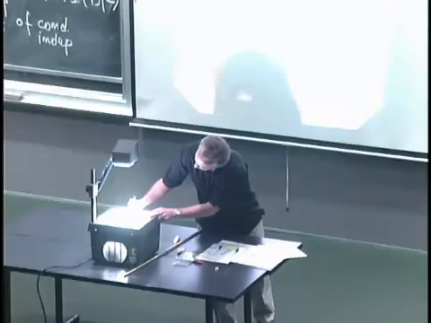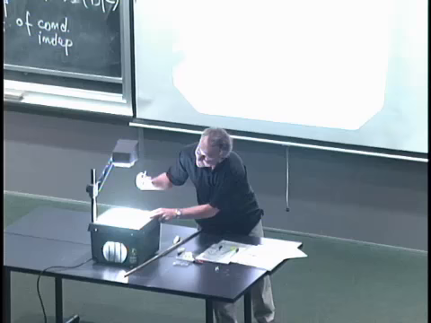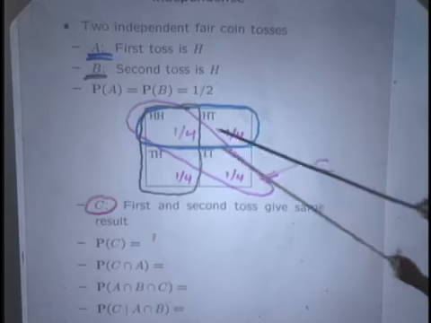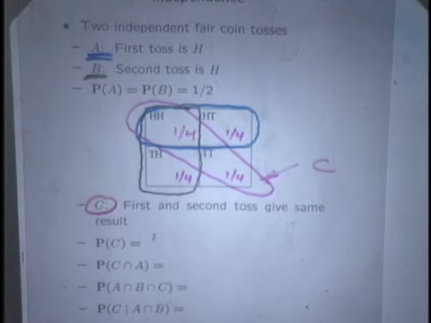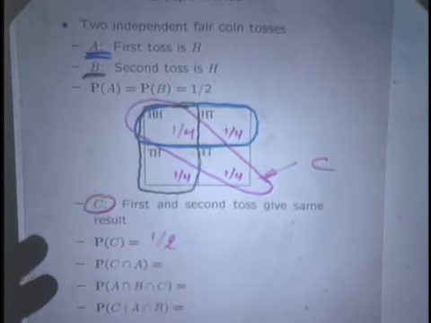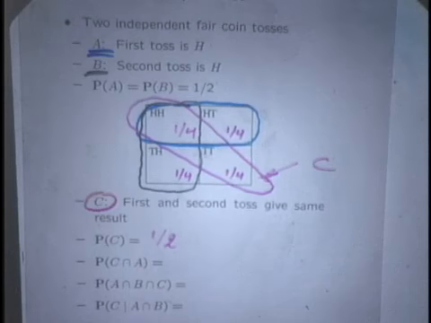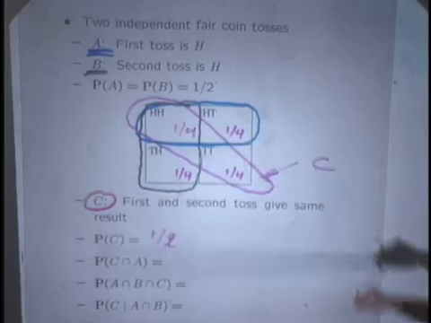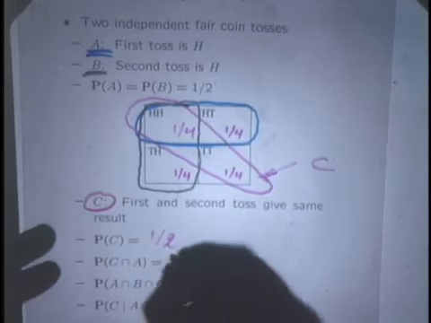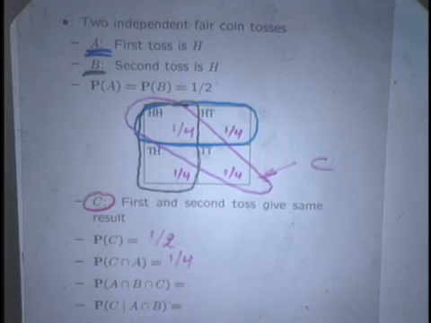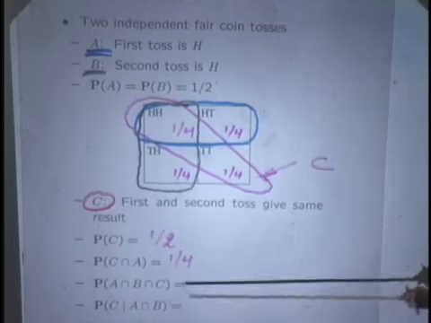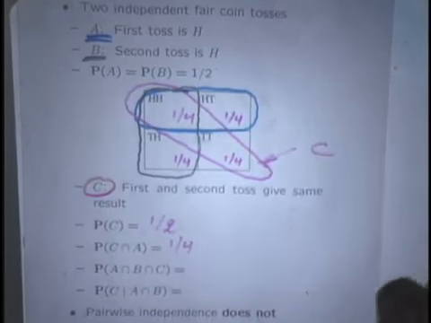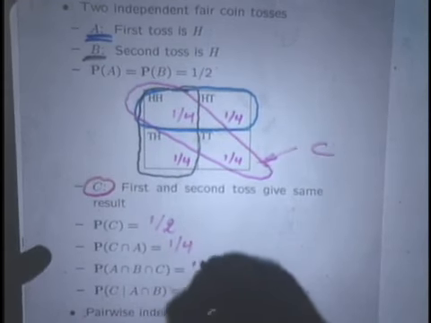What's the probability of C? Well, C is made up of two outcomes, each one of which has probability 1/4. So the probability of C is 1/2. What's the probability of C intersection A? C intersection A is just this one outcome and has probability 1/4. What's the probability of A intersection B intersection C? The three events intersect just at this outcome, so this probability is also 1/4.